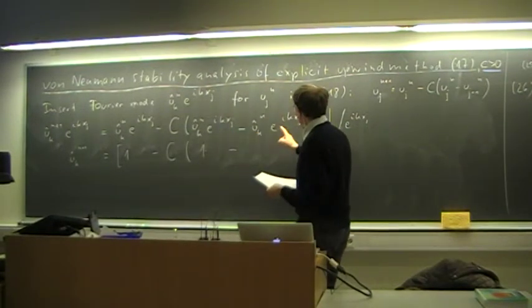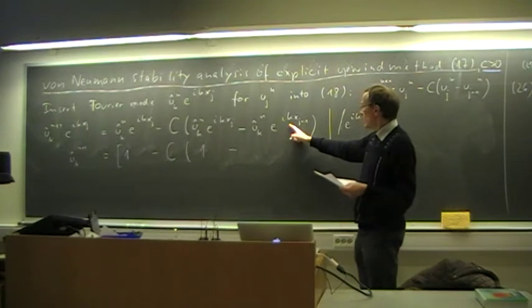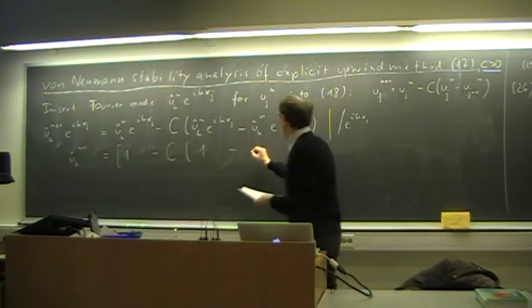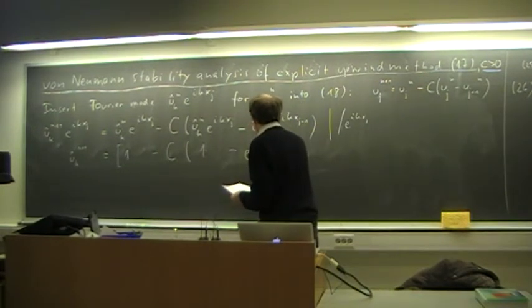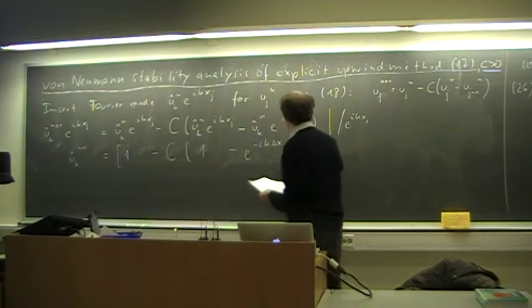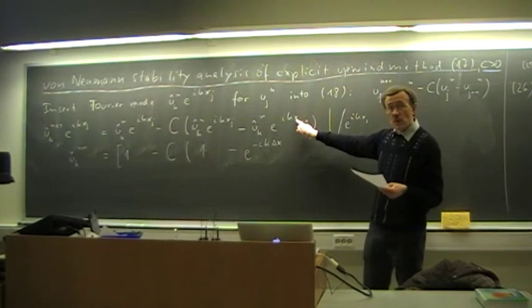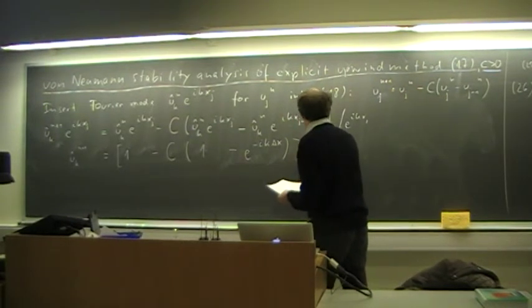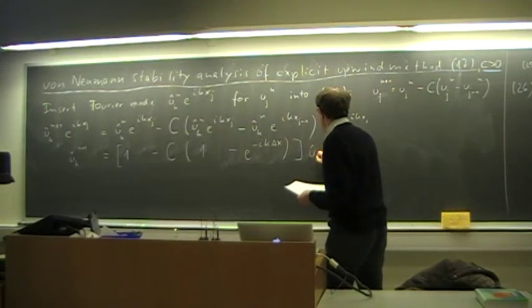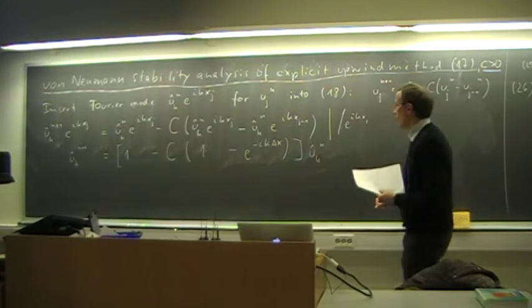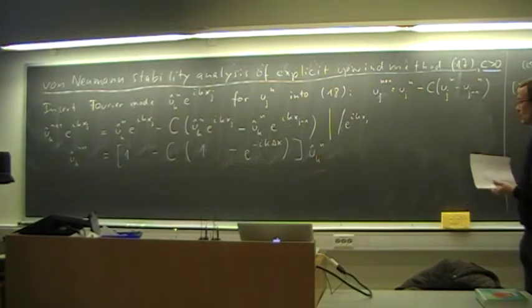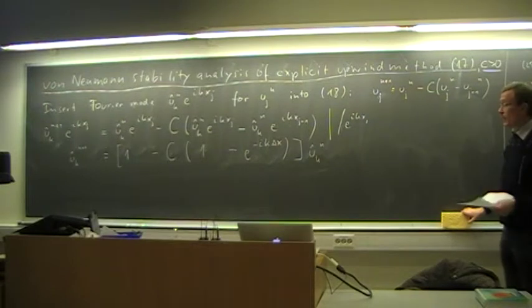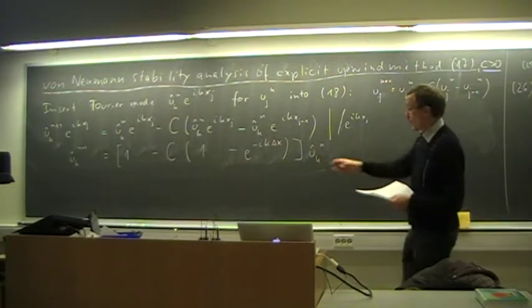Here we divide by e to the I k x j, and we get e to the minus I k delta x, because this is x j minus delta x. Then we get it in this form. And that is then times the u hat k n.